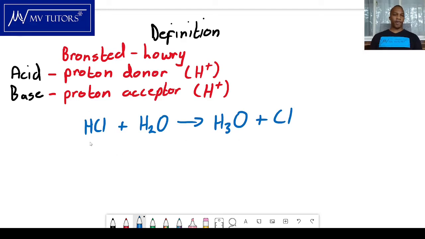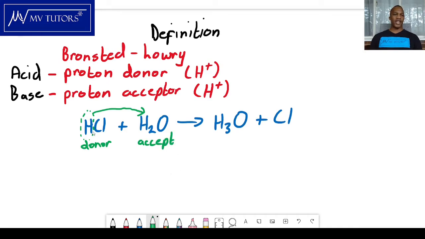So we can clearly see that this H over here was donated to that H2O. Which means that HCl is the donor, and this H2O is the acceptor, right?